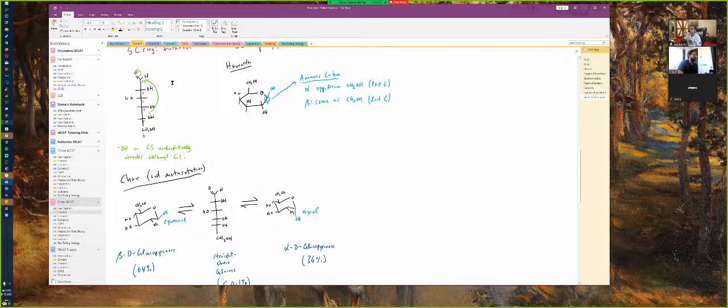But essentially what is important here is there's a partial positive, partial negative here, and the oxygen on the hydroxyl group has a partial negative charge, so it acts as something called a nucleophile, which means it can attack this partial positive charge, causing it to make a bond with it. You'll see that a lot in organic chemistry.